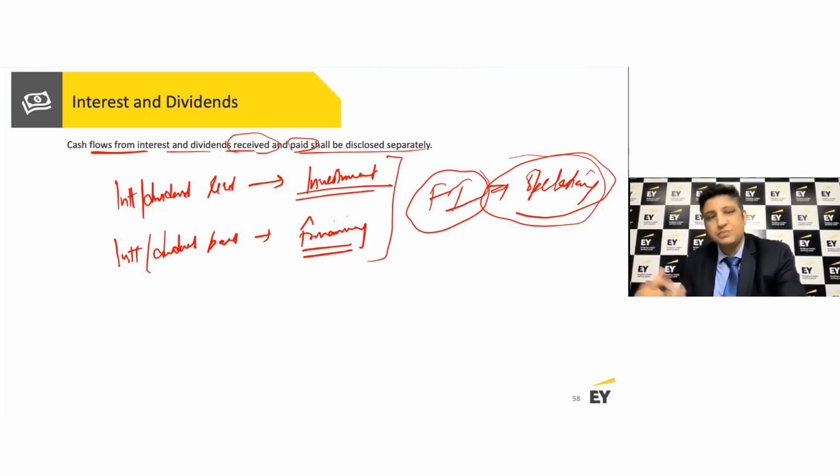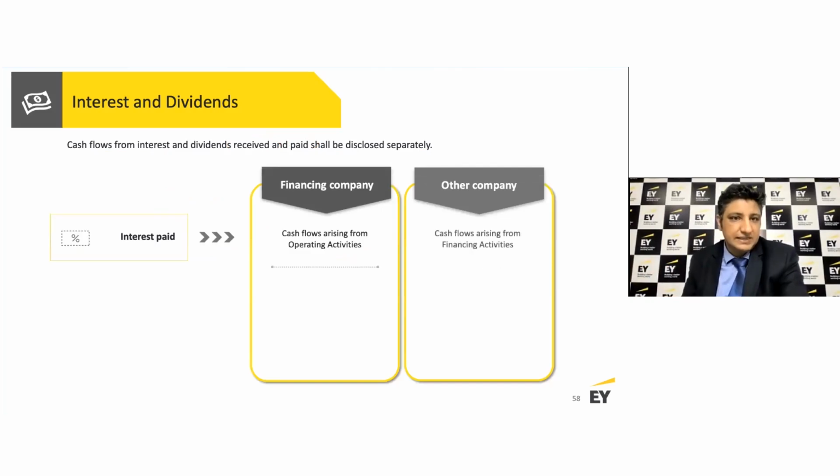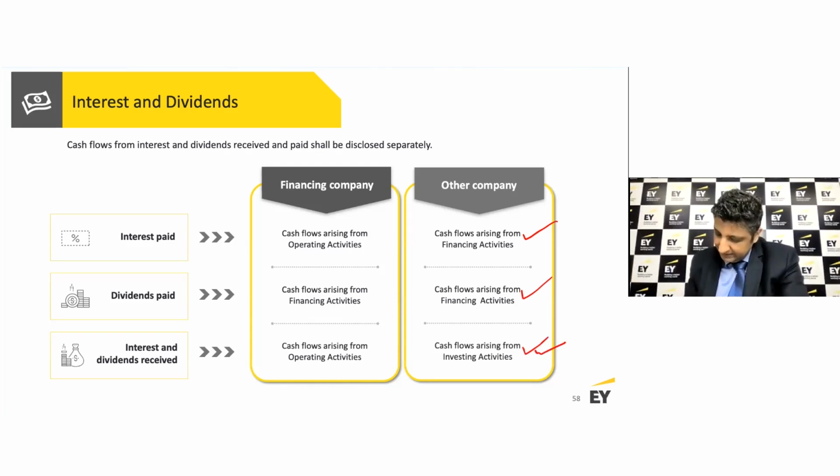Similarly, any interest paid or dividend paid is because you financed or funded your business. So that needs to be shown as part of your financing activities, unless you're a banking company again. That's what you want to remember. So any interest paid would be financing, any dividend paid would be financing, any interest or dividend received would be investing.